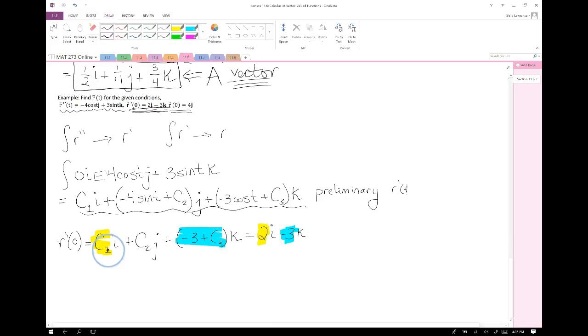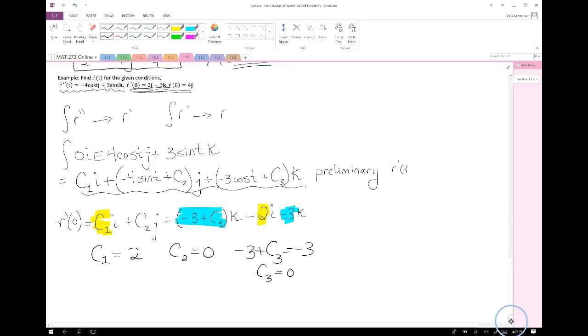So what this means is that C1 has to equal 2. C2 has to equal 0 because there are no j's in R prime of 0. And then negative 3 plus C3 has to equal negative 3, which means C3 is also 0.